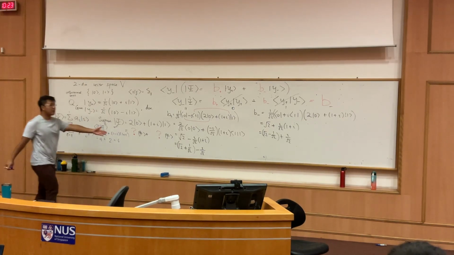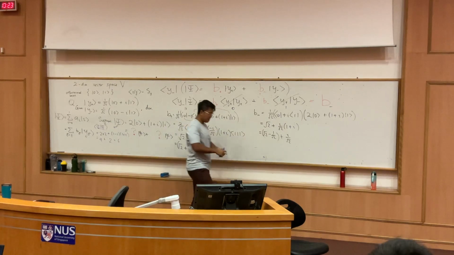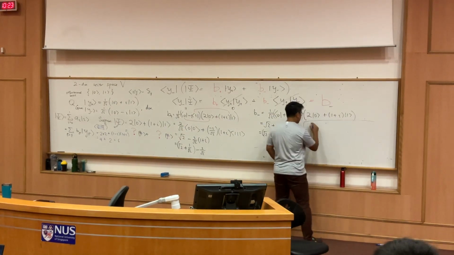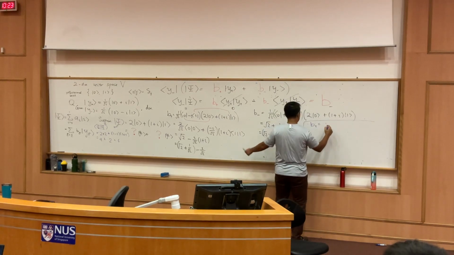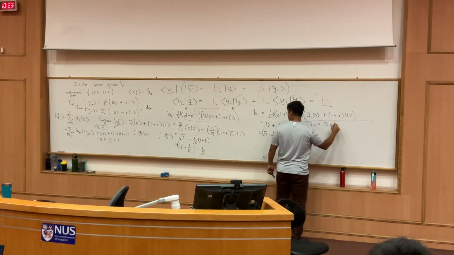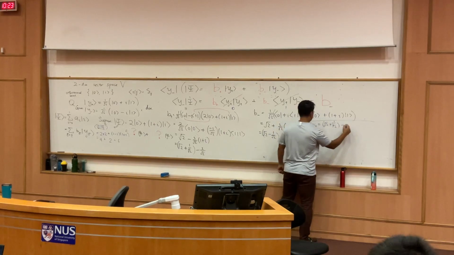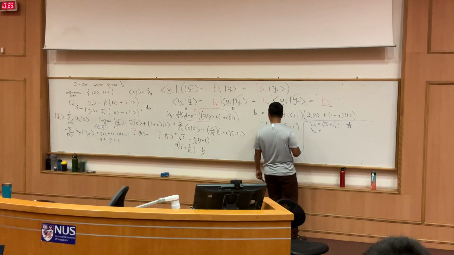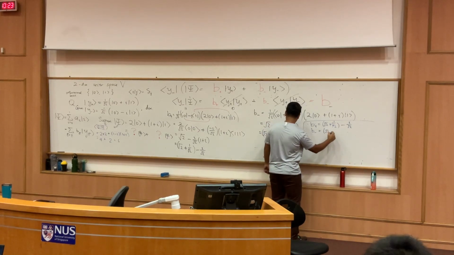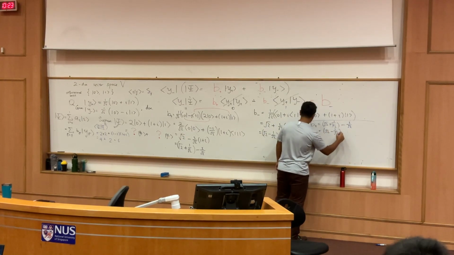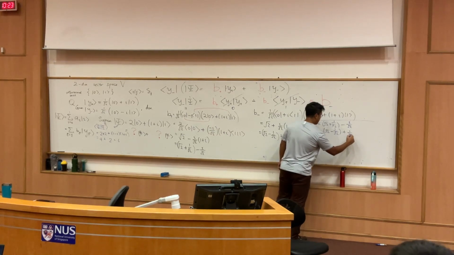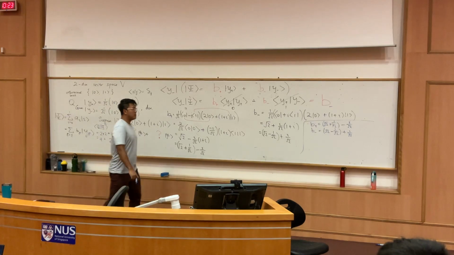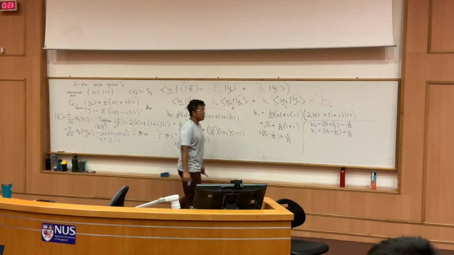Now let's do it here as well. We just calculated that b plus is square root 2 plus 1 over square root 2 minus i over square root 2, and b minus is equal to square root 2 minus 1 over square root 2 plus i over square root 2. So what's the norm of the state in this representation?